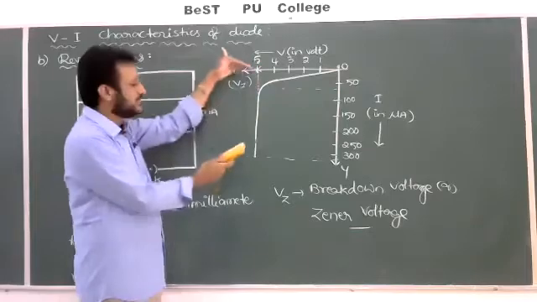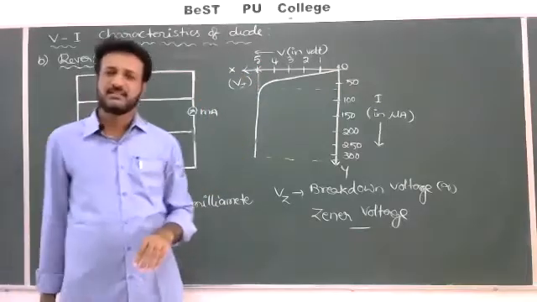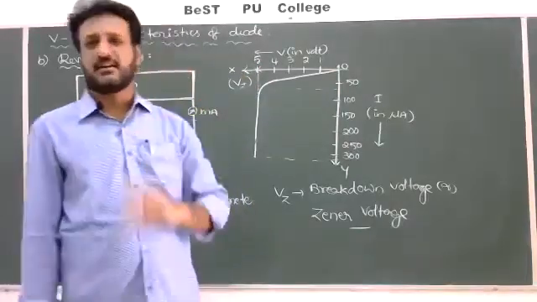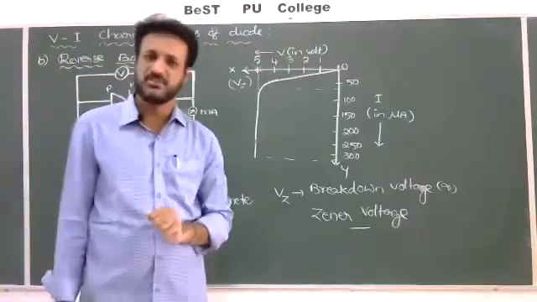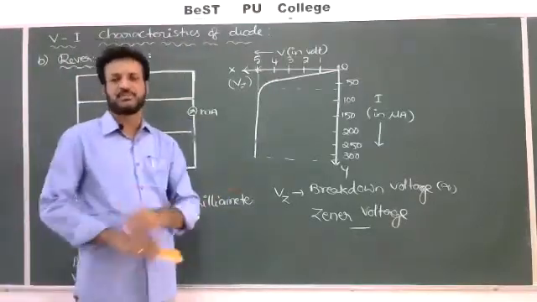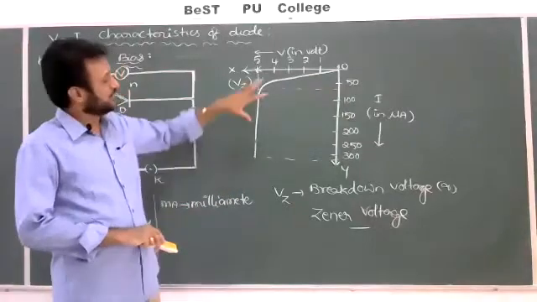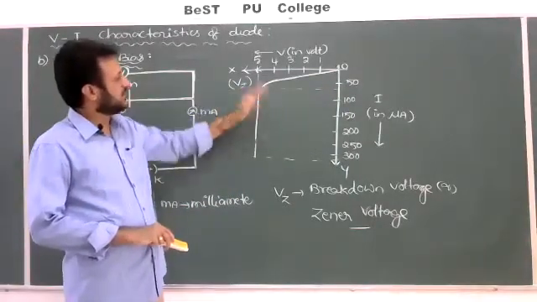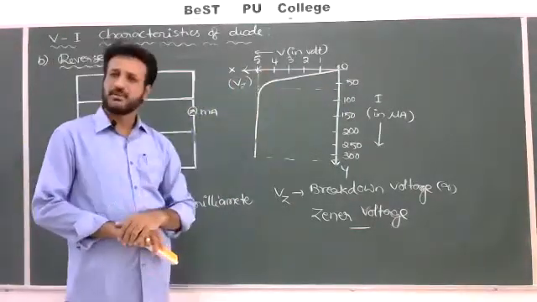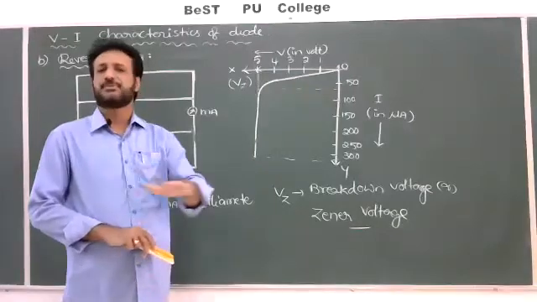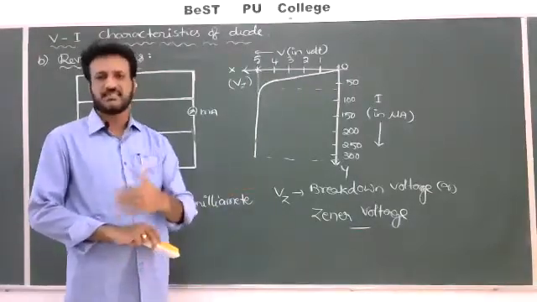That's why in this region the diode acts like a voltage regulator or voltage stabilizer. We can use this diode by giving a simple modification. When the diode is connected in reverse bias, below the breakdown voltage there is a negligible flow of current because of more resistance.